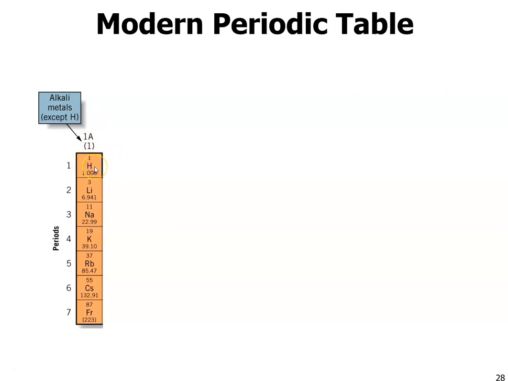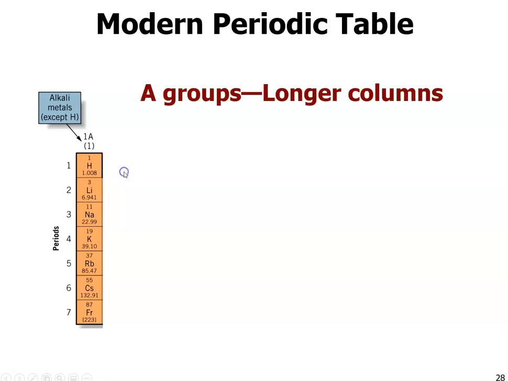Usually these compounds, if they're in solution, have a pH higher than 7, which means they're more basic. And we'll talk later in the semester about why hydrogen can go in a couple of different places in the periodic table.